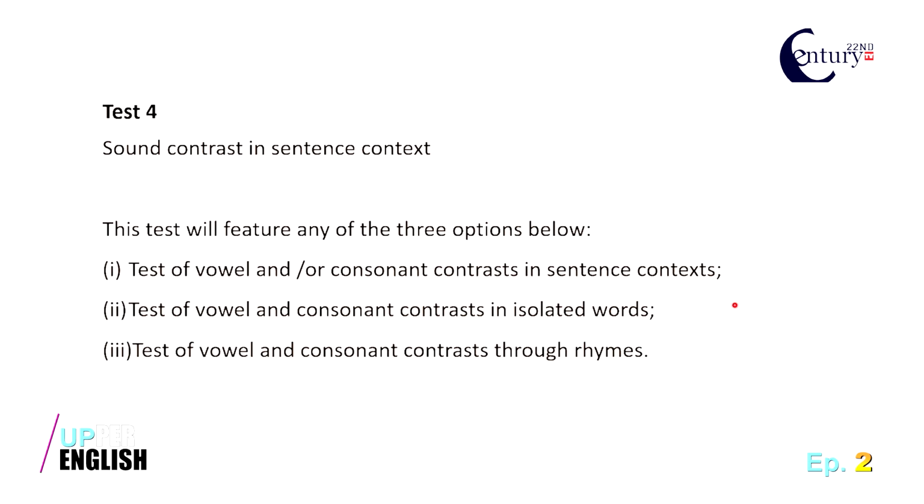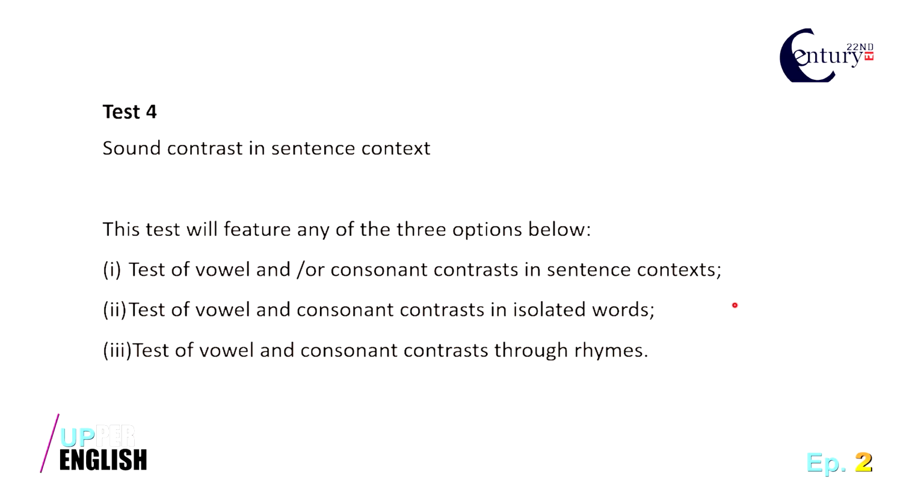While test 1, test 2, and test 3 experiment with individual words in isolation, test 4 experiments with the quality of vowels and consonants now in sentence context. The man or woman will read one sentence.